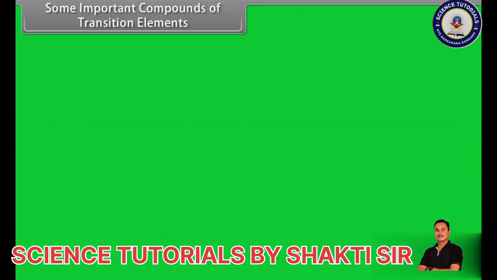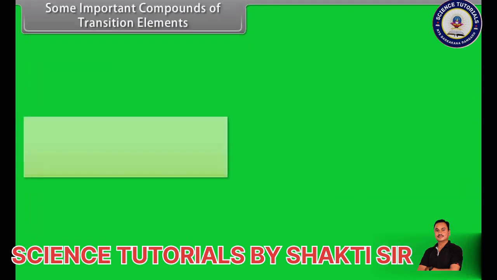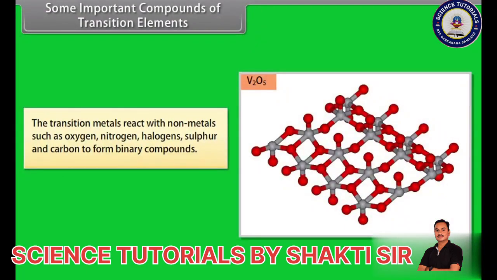Some important compounds of transition elements. The transition metals react with non-metals such as oxygen, nitrogen, halogens, sulfur, and carbon to form binary compounds. Some of these compounds find important industrial applications.